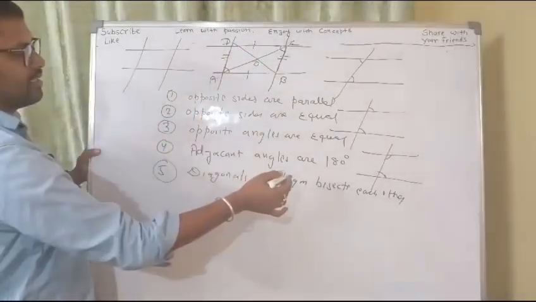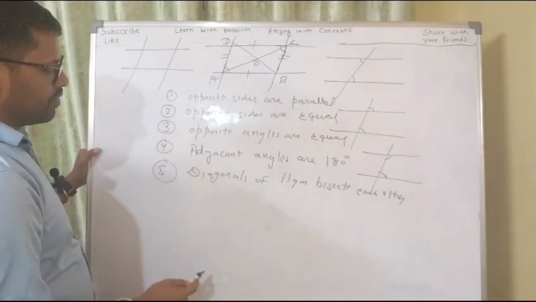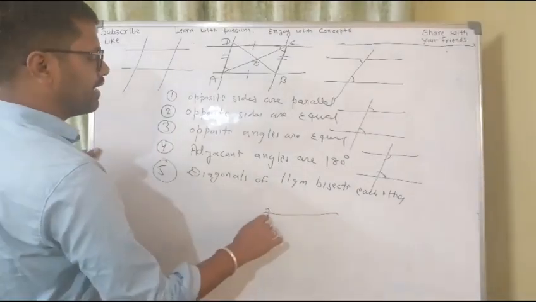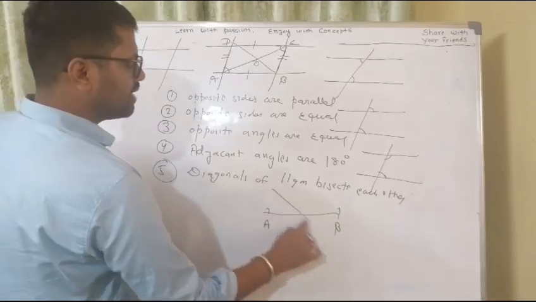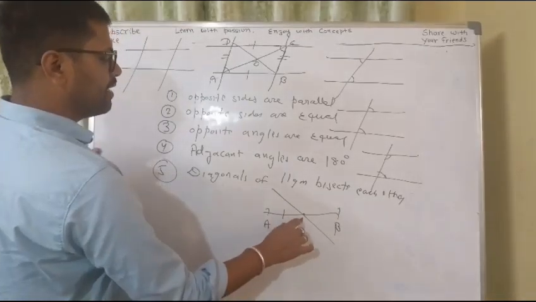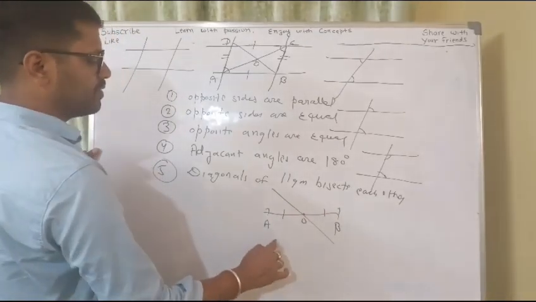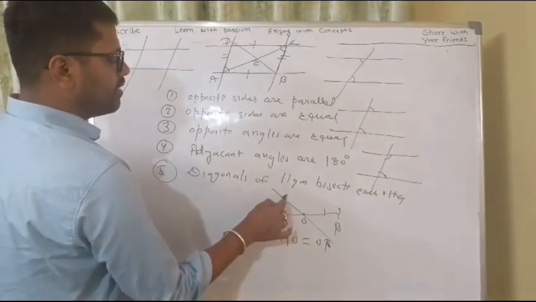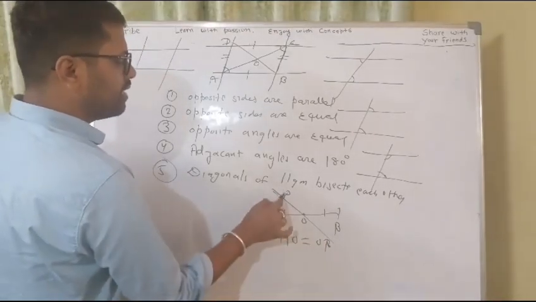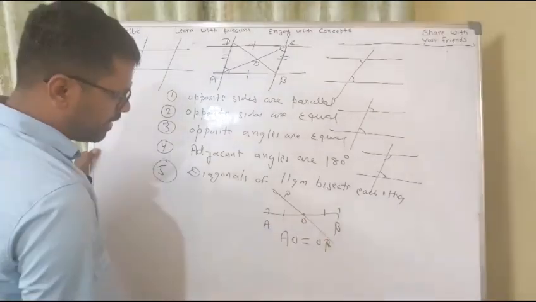Diagonals bisect each other means first we should know about bisecting. Suppose you have line AB, and if we say another line bisects it, it means this should be equal. So if AO equals OB, it means line P is bisecting AB.